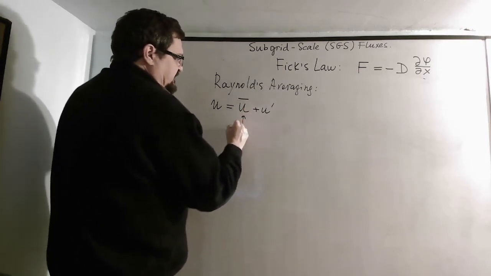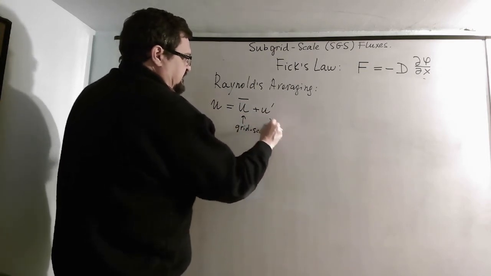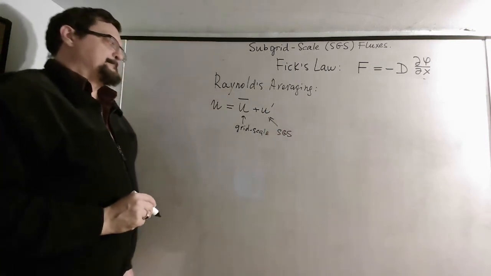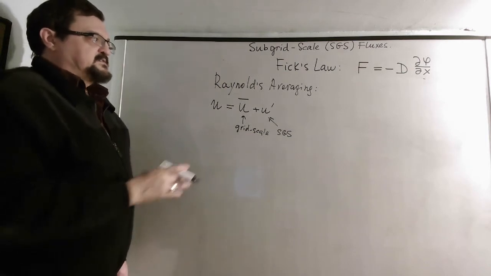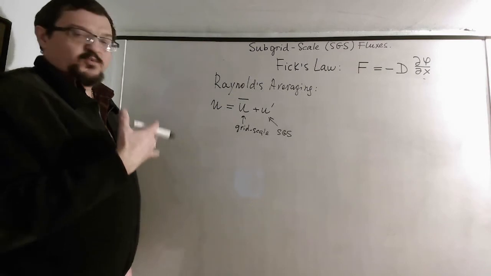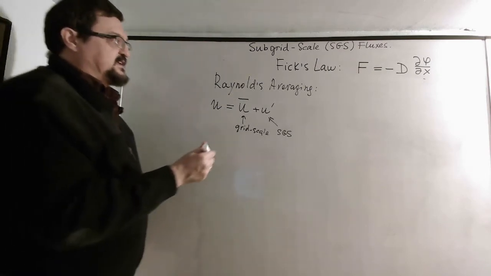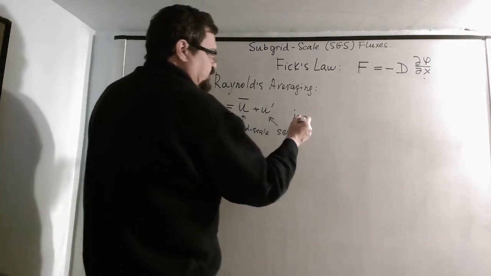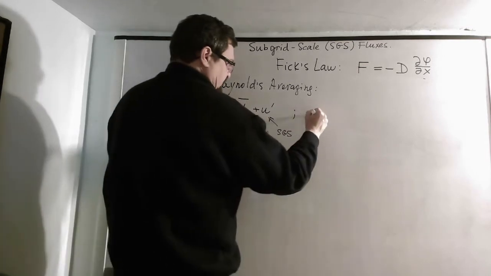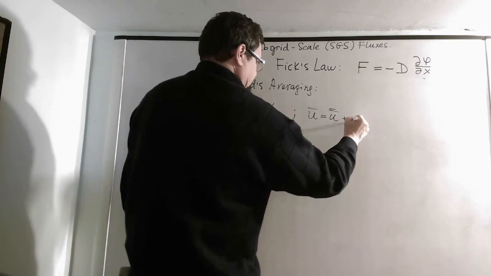So this is grid scale, and this is subgrid scale, SGS. And we use just ordinary arithmetic averaging, without any weights or moving averages. For that case, our first rule: if we now average this equation, we have U average equals U double average plus U prime average.